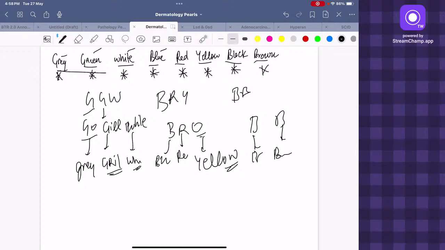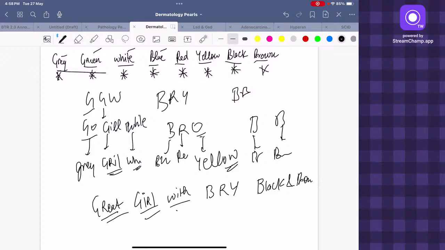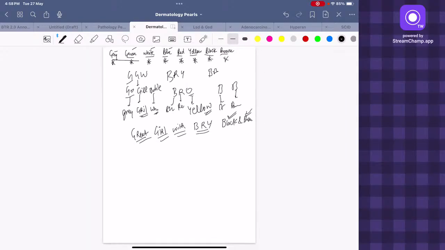Go girl with bro, black and brown. मतलब एक ग्रेट गर्ल थी, वो अपने भाइयों के साथ थी, उनमें से एक भाई ब्लैक था, एक भाई ब्राउन था. ठीक है.